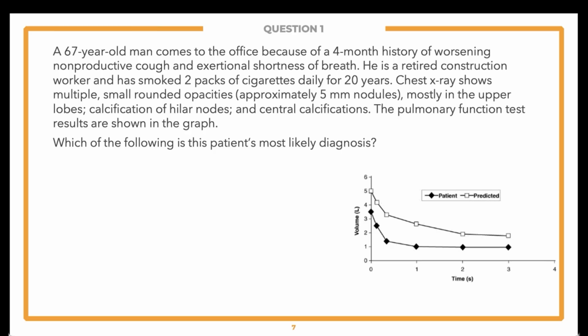The pulmonary function test results are shown in the graph. You can see that there. So again, the question, which of the following is this patient's most likely diagnosis? Think about that. Perhaps you can form your own hypothesis based on what you have here as I turn it over to Abraham.